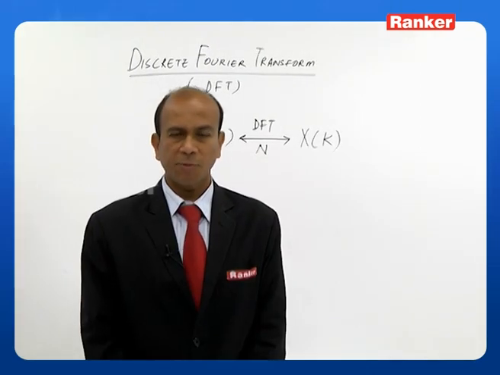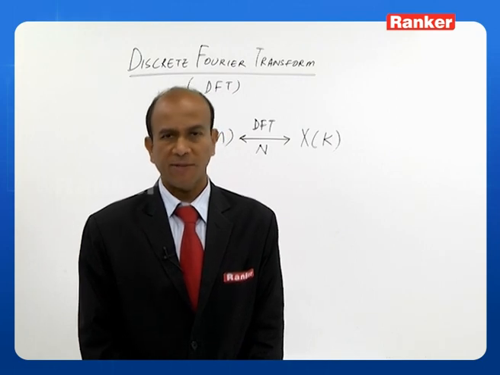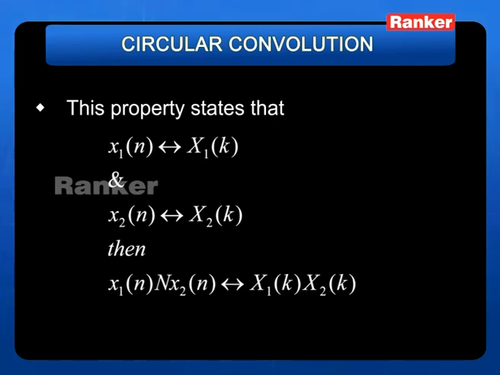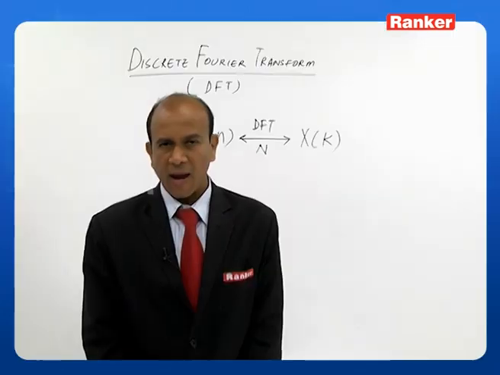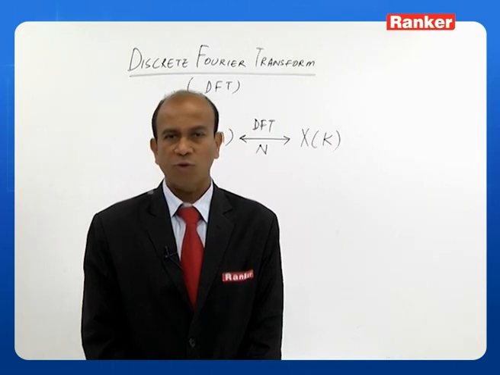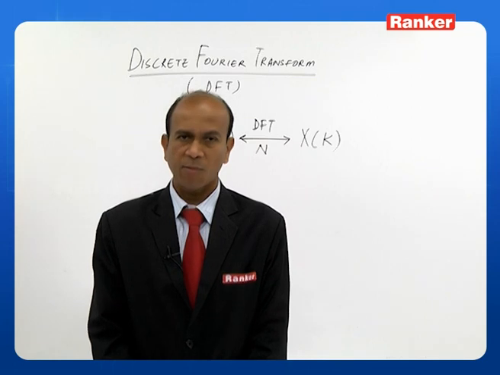Let us look at another property called circular convolution. What does this property say? Again, the opening statement: x of n has a DFT x of k. If x1 of n has a DFT x1 of k and x2 of n has a DFT x2 of k, then the circular convolution of x1 of n and x2 of n will have a DFT which is equal to x1 of k times x2 of k. Here the circled N indicates circular convolution by N points.